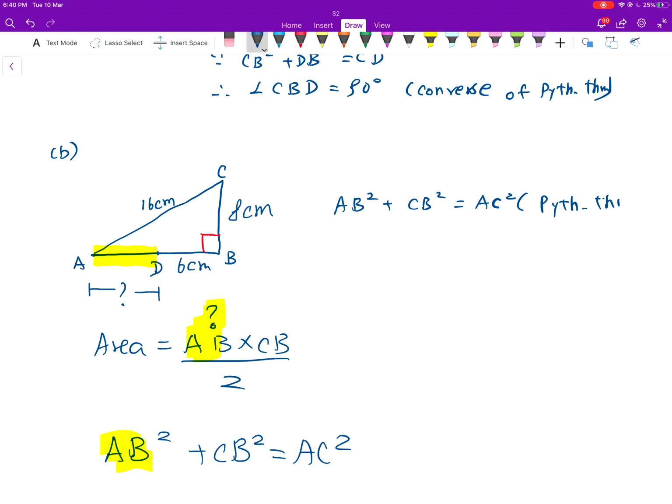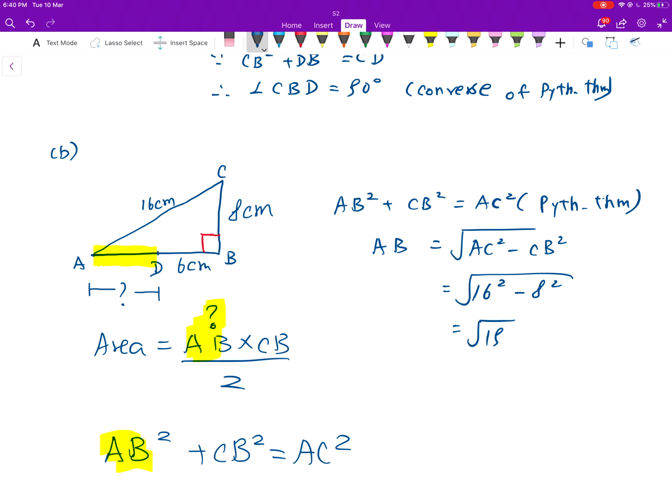AB equals the square root of AC squared minus CB squared, which equals 16 squared minus 8 squared, equals the square root of 192. Using the calculator, the square root of 192 equals 13.8564 something. It is not an integer, so we keep the surd form.